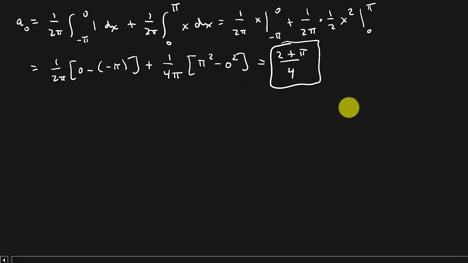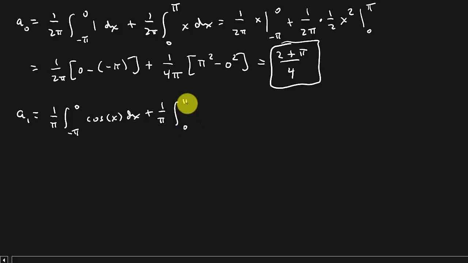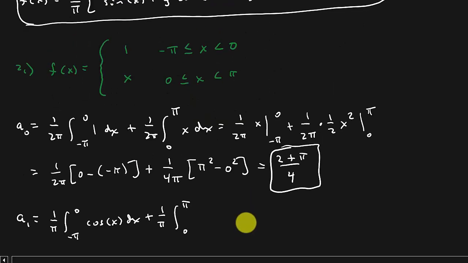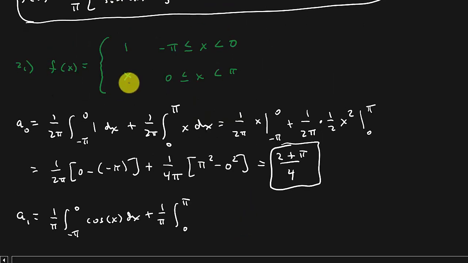Okay. All right, now let's find a1. Let's see what happens here. So from the formula up at the first, that's 1 over pi times the integral from negative pi to 0. Now our function, remember, it's f of x times cosine. So that's 1 times cosine x dx plus 1 over pi, and that's going to be 0 to pi of our function times cosine x.